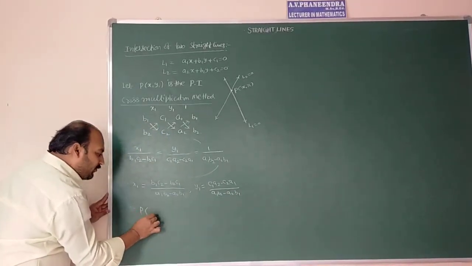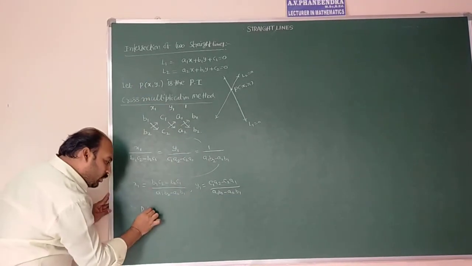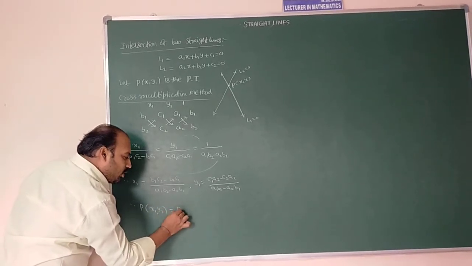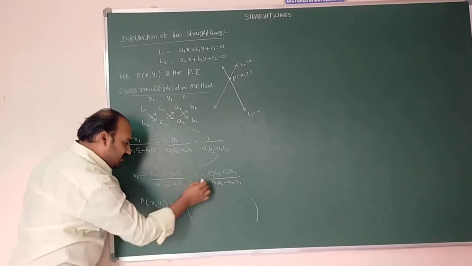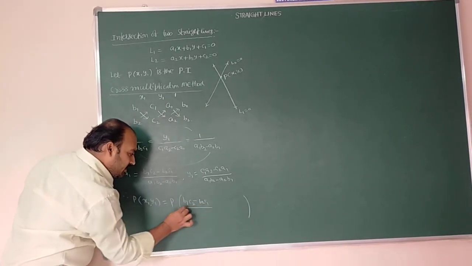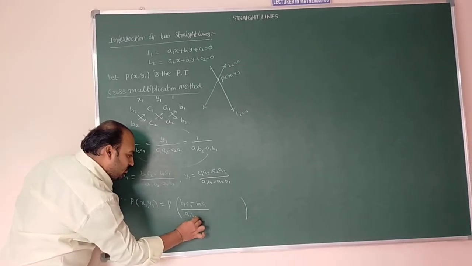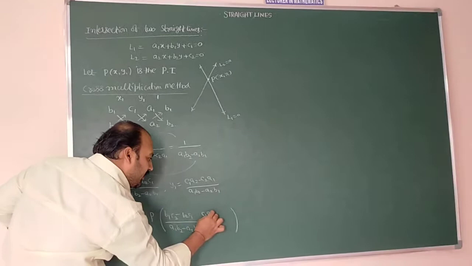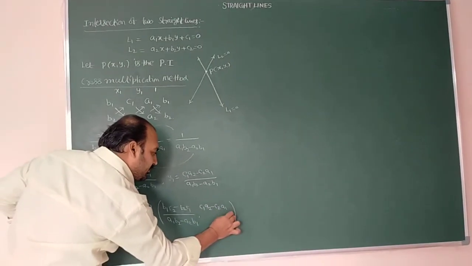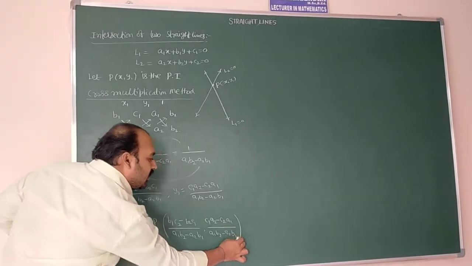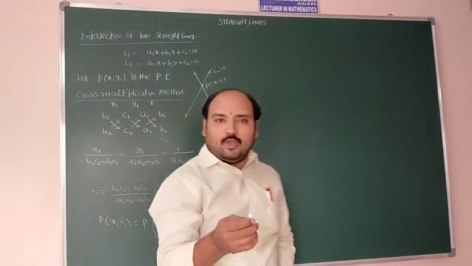Therefore the point of intersection of L1 and L2 is P of x1 comma y1, which is equal to P of B1 C2 minus B2 C1 divided by A1 B2 minus A2 B1, comma C1 A2 minus C2 A1 divided by A1 B2 minus A2 B1. Like this, you have to solve any two equations.